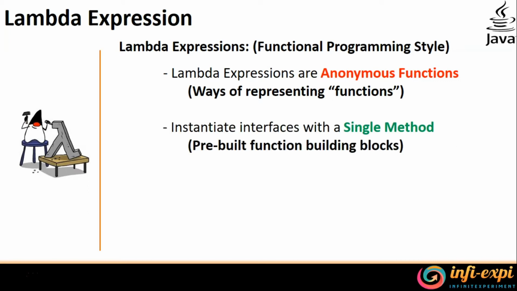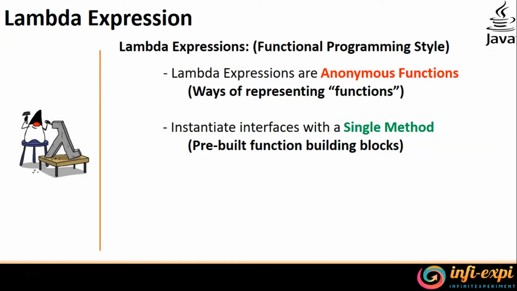Now you will instantiate interface with a single method. Your Lambda expressions will instantiate an interfaces with a single method. So what does it mean? You will work with Lambda expression only with interfaces here, unlike your anonymous inner class.